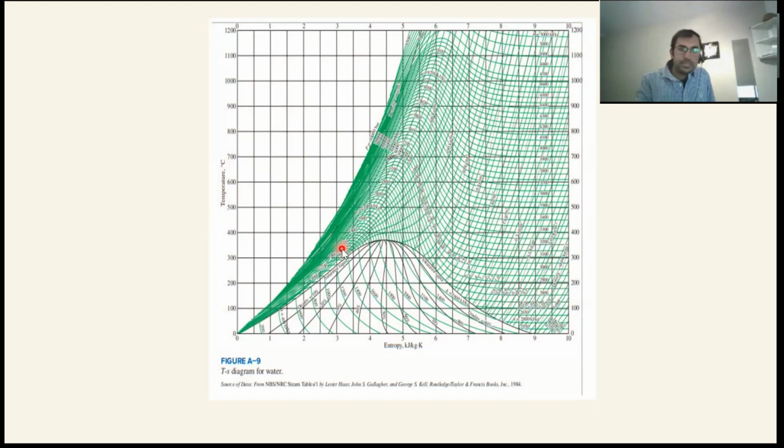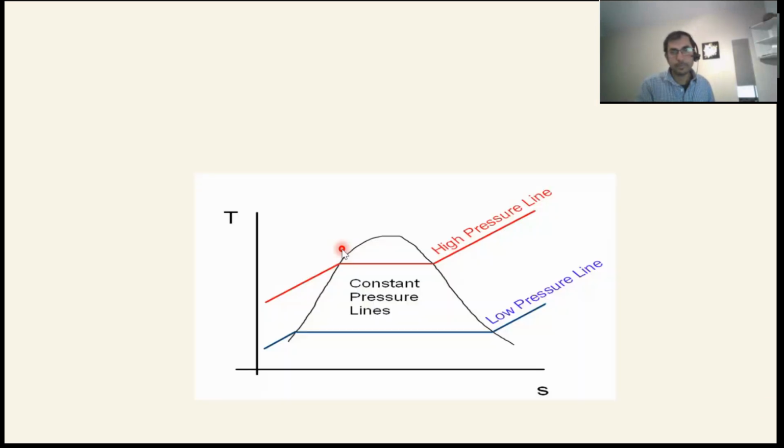Now if you see our diagram in pH or TS, this is our TS diagram, the temperature-entropy diagram. The red one is the high pressure line and the blue one is the low pressure line.